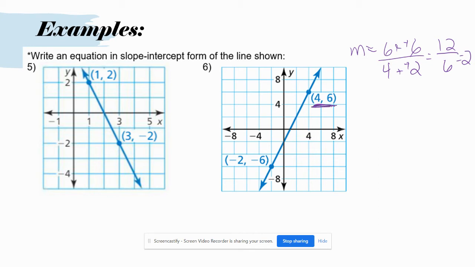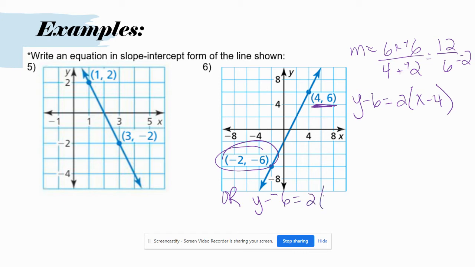We can use this ordered pair to say y minus 6 is equal to 2 times x minus 4. Or we can use this ordered pair, y minus negative 6 is equal to 2 times x minus negative 2.